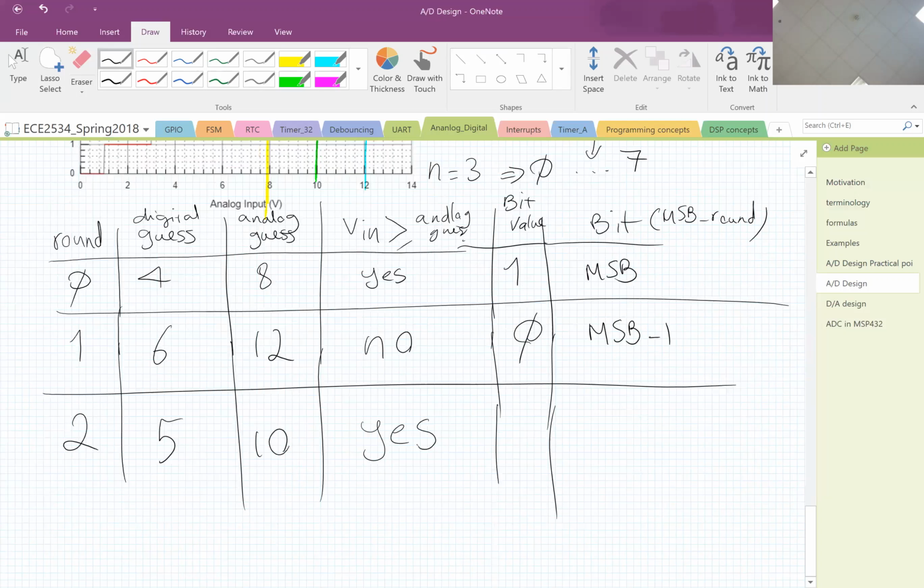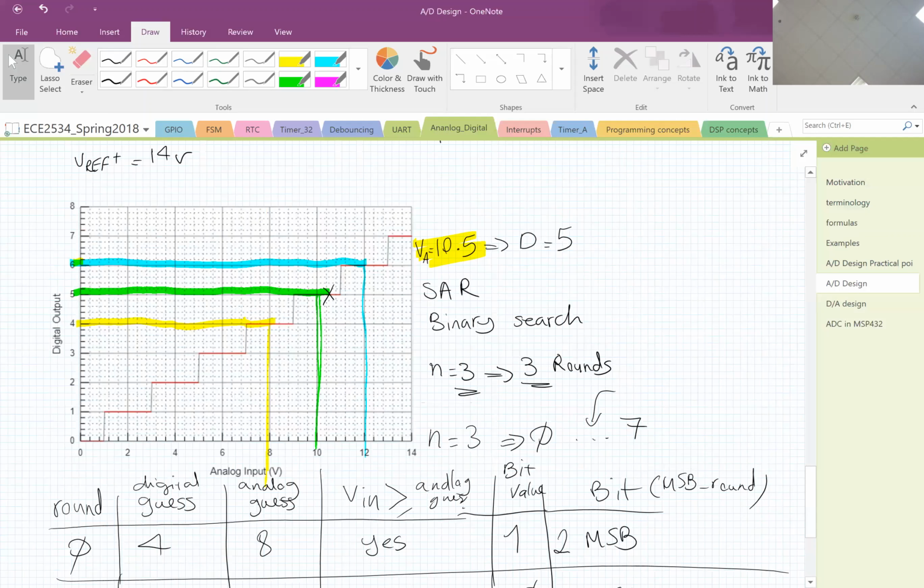And the bit value is 1. For us, because we had only 3 bits, this is bit 2, this is bit 1, and this is bit 0, which is your LSB. So what is the answer to this question? It's 101. What is 101 in decimal? It is 5. Did we guess it right or not? Yes, we did. This is a happy ending.